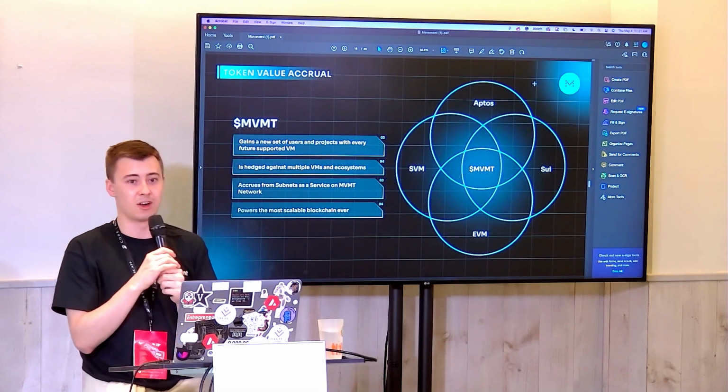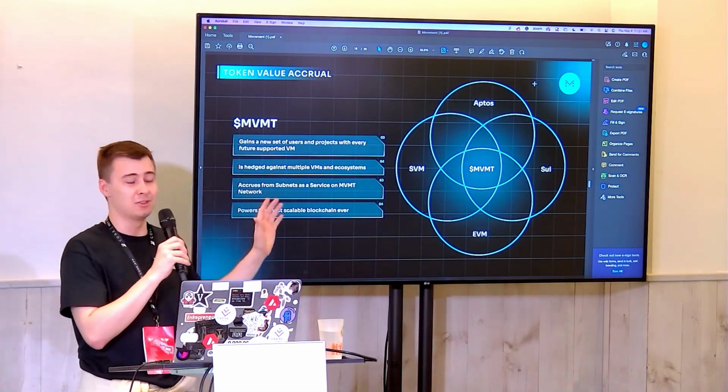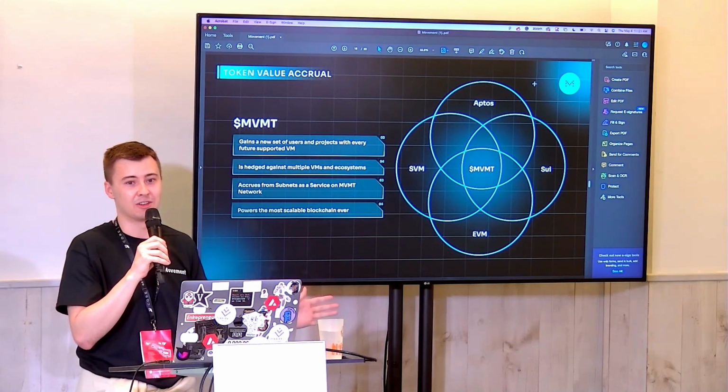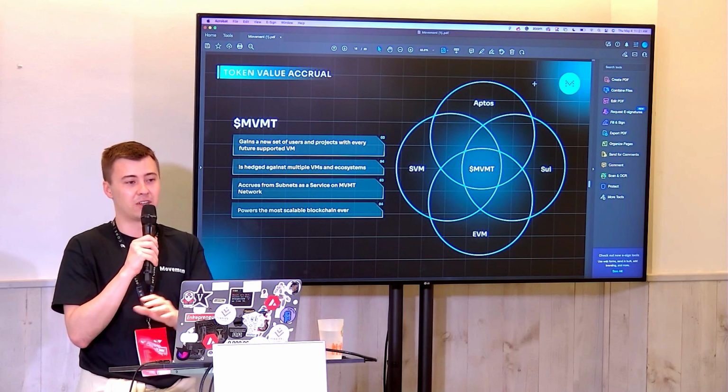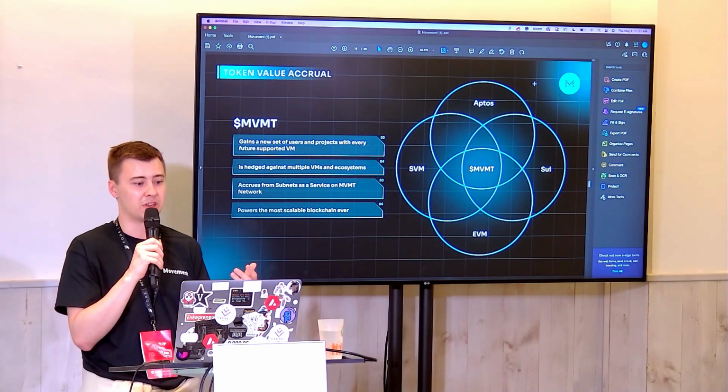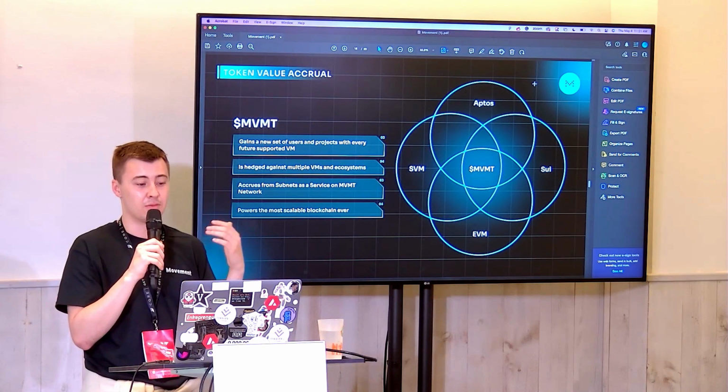In terms of our token, it's absolutely revolutionary. It's nothing like any token that has ever been built before, because all of the different respective ecosystems that we will be supporting will be using our Movemnt token.